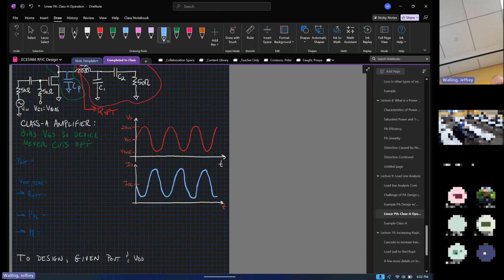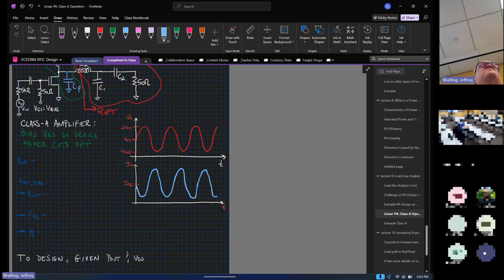It's got an average value of IDC. Oh, I'm sorry, this is not right. It's out of phase with the input voltage, but not necessarily out of phase with the output voltage. Anyhow, it doesn't matter. We'll leave it that way.